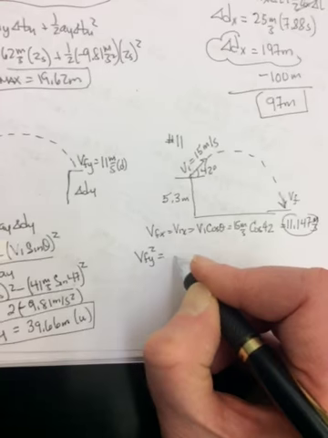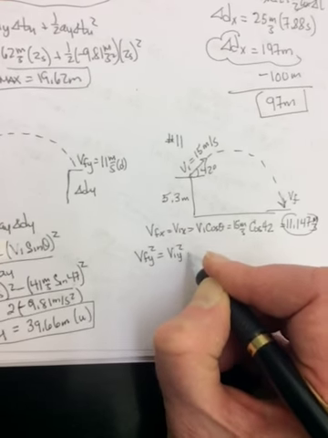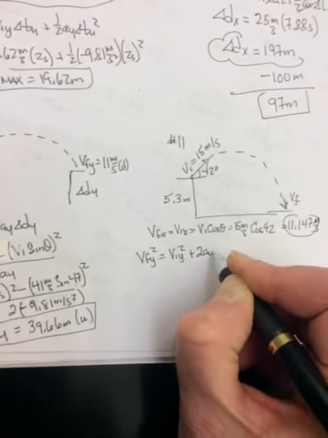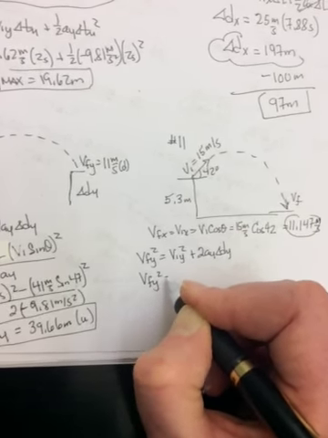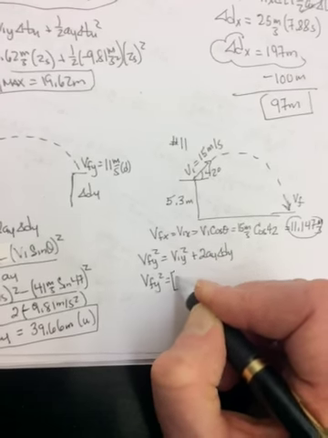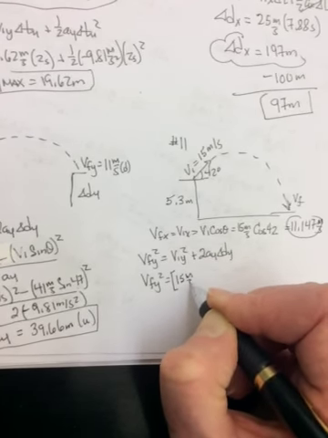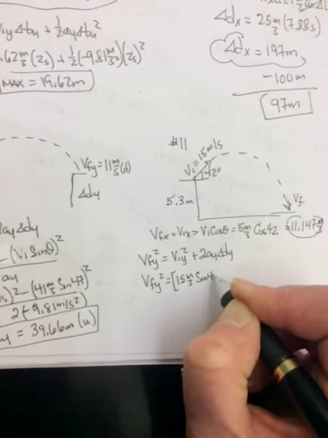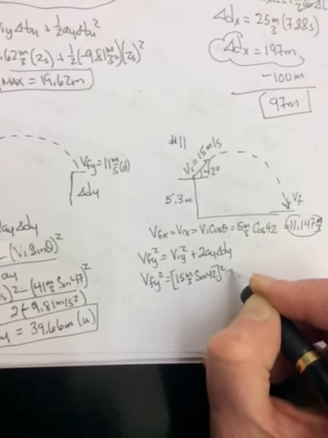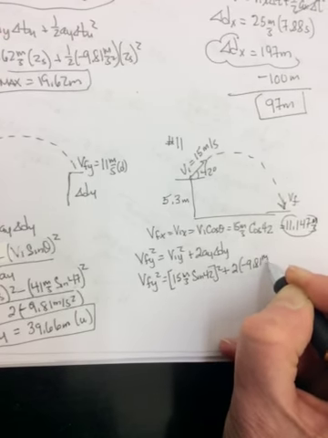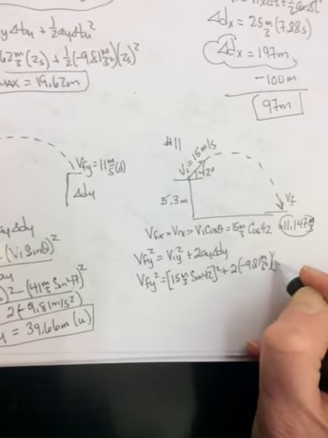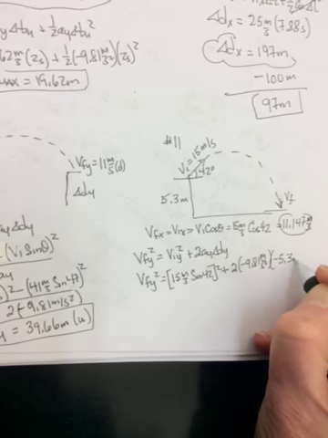VFY squared is equal to VIY squared plus 2AY delta dy. So VFY squared is equal to brackets 15 meters per second sine of 42 squared plus 2 times negative 9.81 meters per second squared times negative 5.3 meters.